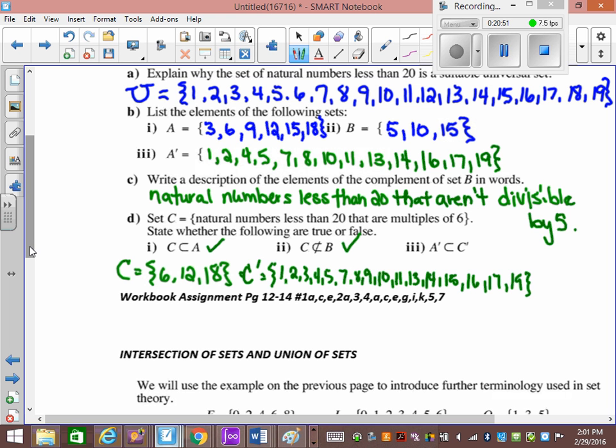Is everything in the complement of A in C prime? Well, the complement of A includes 1. Is it in C prime? Yes. 2. Yes. 4. Yes. 5. Yes. 7. Yes. 8. Yes. 10. Yes. 11. Yes. 13. Yes. 14. Yes. 16. Yes. 17. Yes. 19. Yes. However, the other way around, they're not in each other.